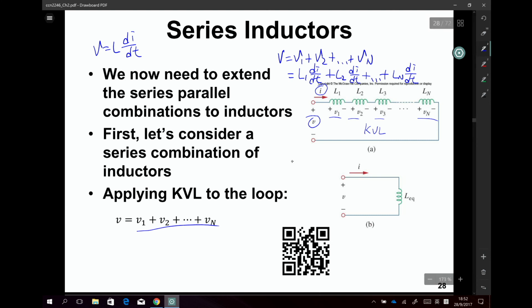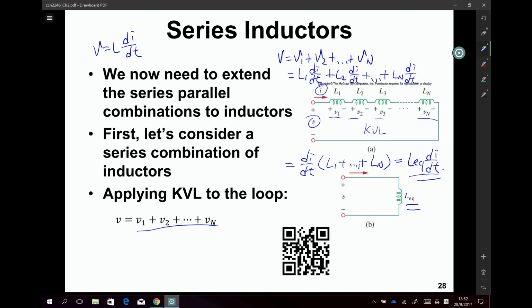You take it out, and it becomes di/dt times (L1 plus ... up to Ln). Now, for the sum of the inductances, you can replace it with an equivalent inductance, and it becomes Leq di/dt. In other words, you can reduce a series inductor network into a single inductance, because this formula is the same as the IV characteristic of the inductor.